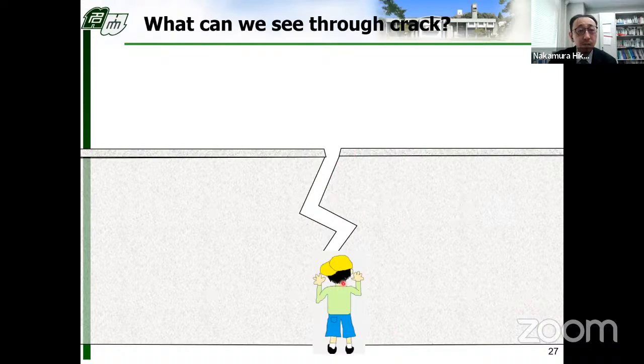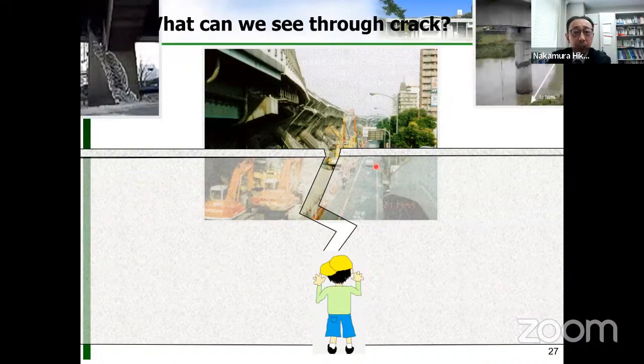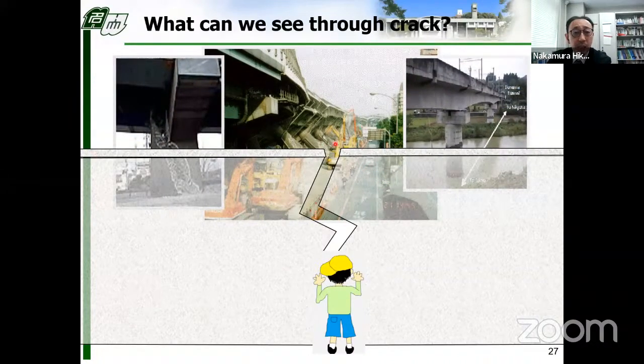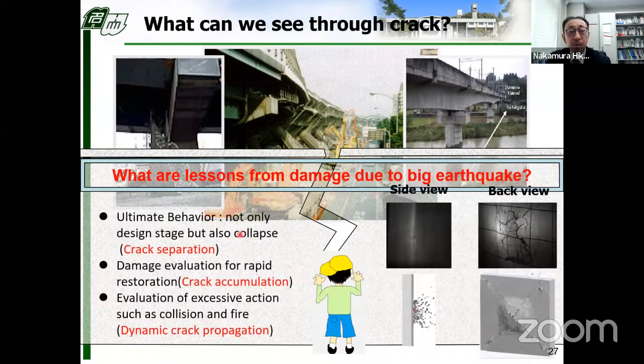So what can we see through crack? We have observed many damaged structures due to big earthquakes. What is the lesson from damage due to big earthquakes? We have to understand ultimate behavior more, not only in the design stage, but also the collapse stage.